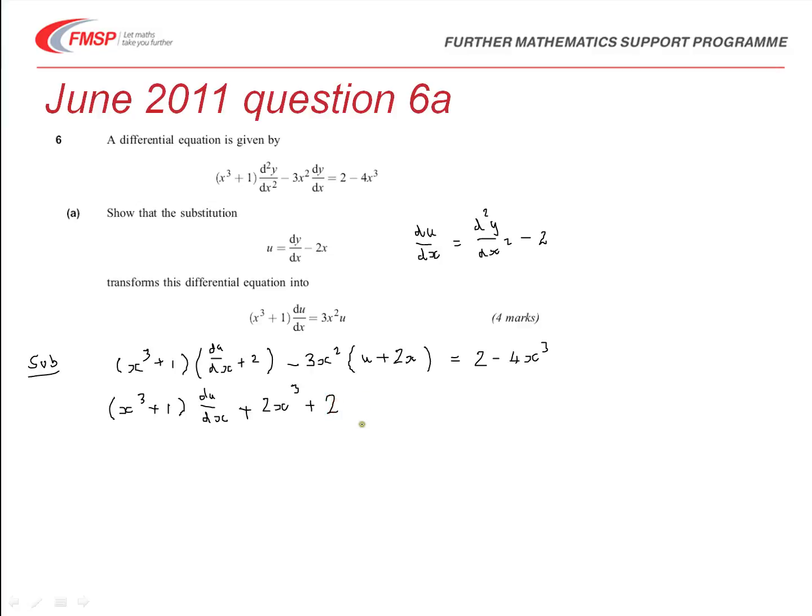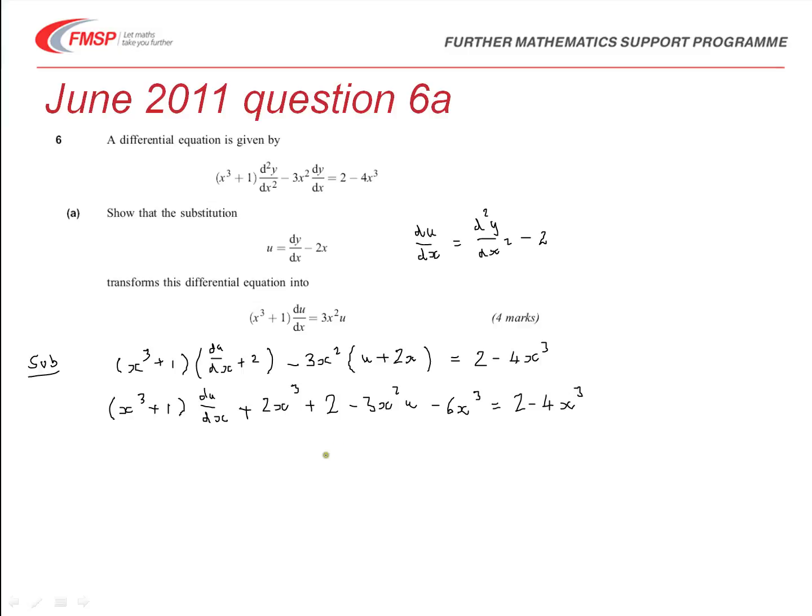Then if we multiply out the second bracket, we're going to get minus 3x squared times u, and then a minus 6x cubed, and on the right hand side we've still got the 2 minus 4x cubed.